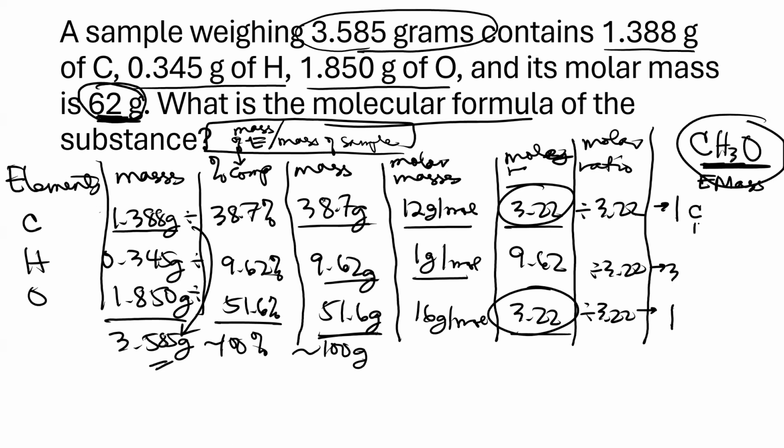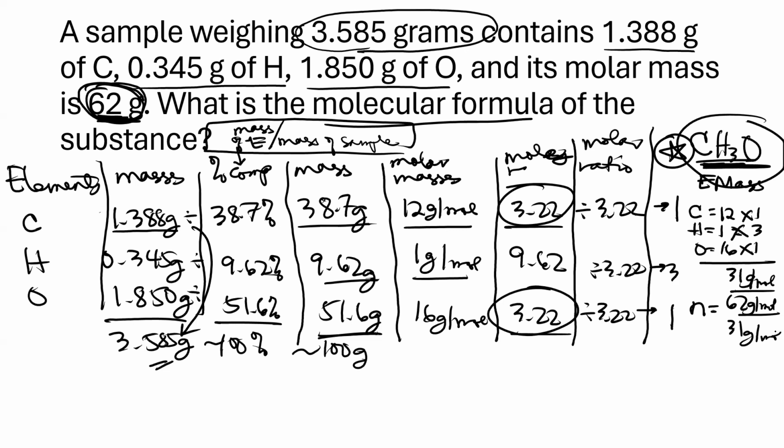Carbon is 12, hydrogen is 1, oxygen 16, but we only have one carbon, 3 hydrogens, so 3 times 1, that would be 31 grams per mole. Relate that with 62 grams, which is the molar mass of the compound. So n, the factor that we need to multiply to the empirical formula, would be 62 grams per mole divided by 31 grams per mole. So dividing that, n equals 2.